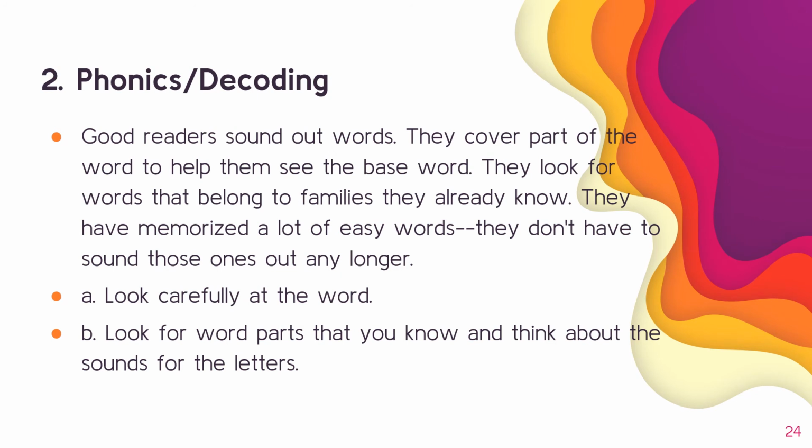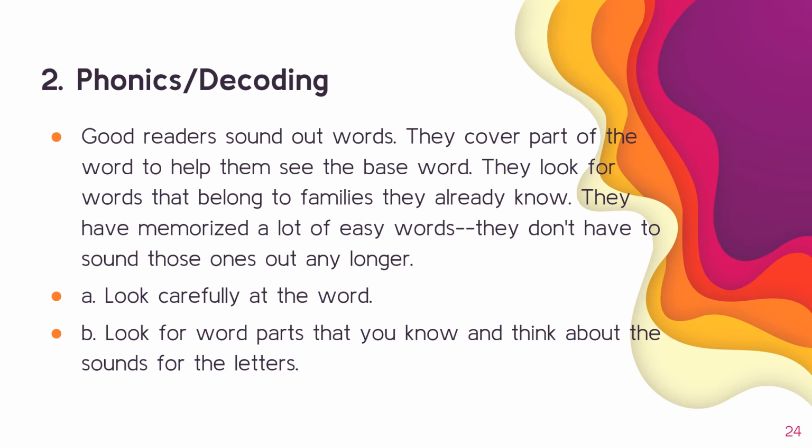The second stage in the process of reading is called decoding. Good readers sound out words. They simply cover parts of the word to help them see the base of the word. So you can simply hide the suffixes that surround the word and look for words that belong to the family they already know. They already have memorized a lot of easy words.